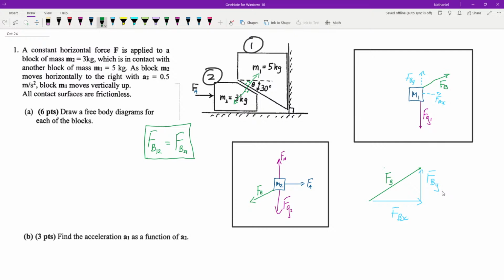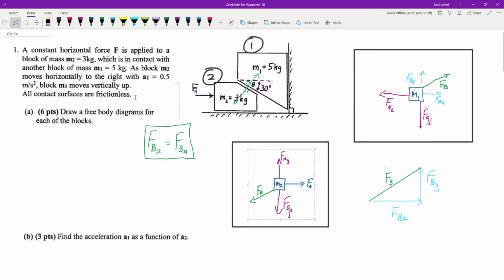But it's being pushed up against a surface, so that surface has to push back. So we're going to see our old friend Fn. This one we should call Fn2, and this one Fn1. And that's about it. Those are all of our forces.